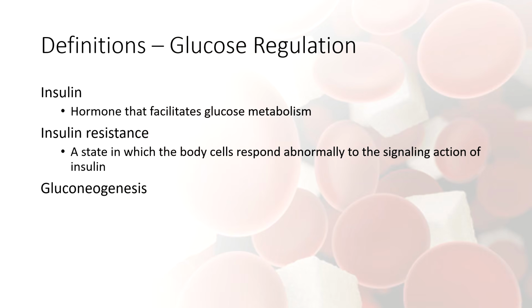Like the key doesn't really fit the lock. Sometimes in an insulin resistant state, we have some insulin that can work and some insulin that doesn't work. So you have to figure out which key opens the lock. That's why we have medications that help the body utilize this insulin like it should.